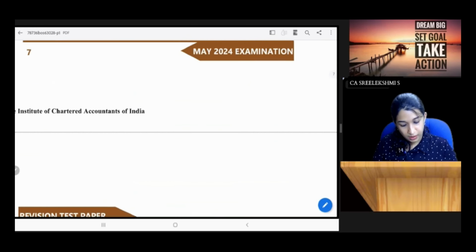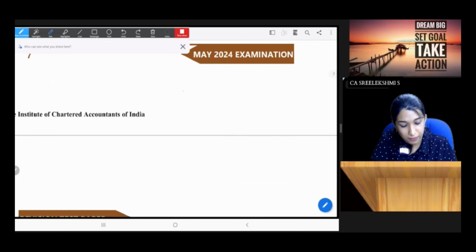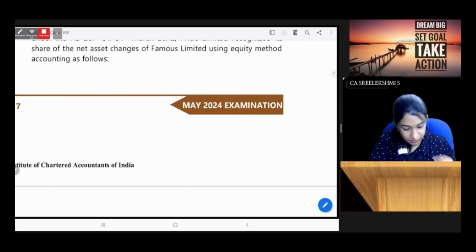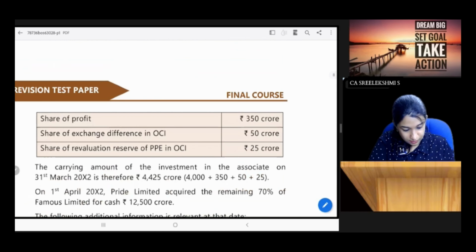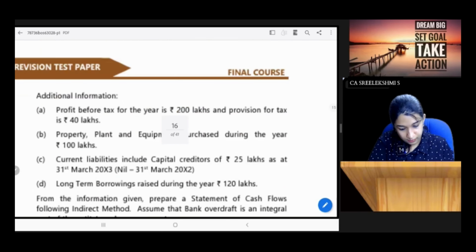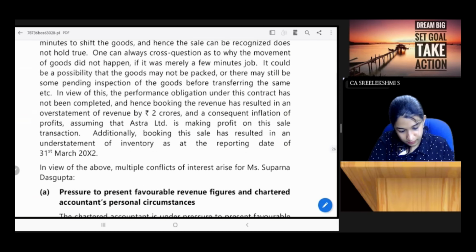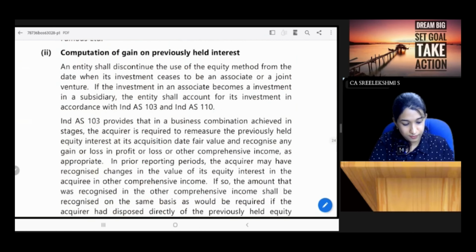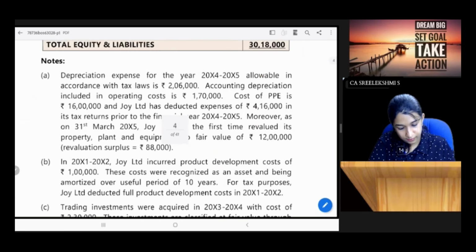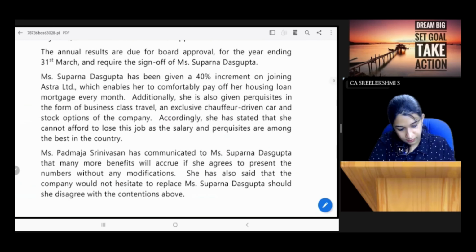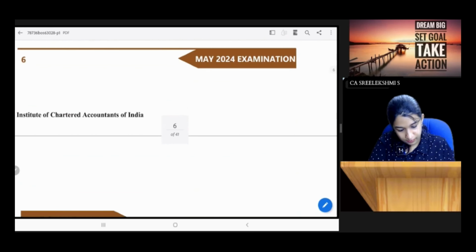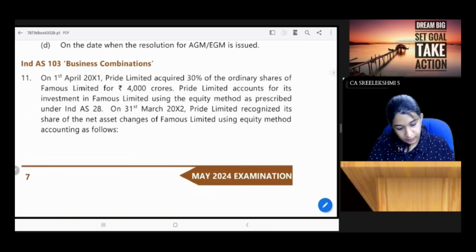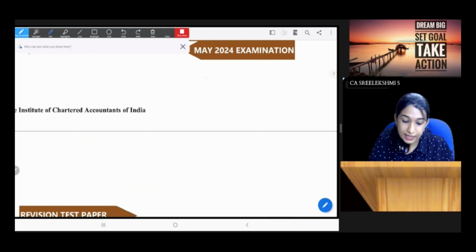So what is the journal entry for this? Journal entry, if you remember, net identifiable assets debit.